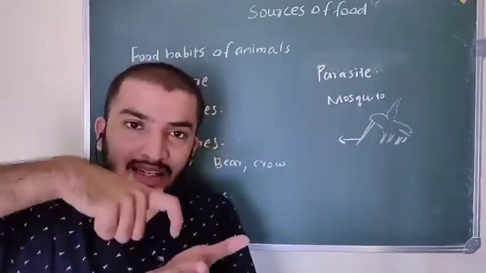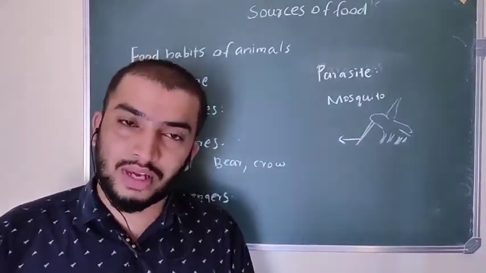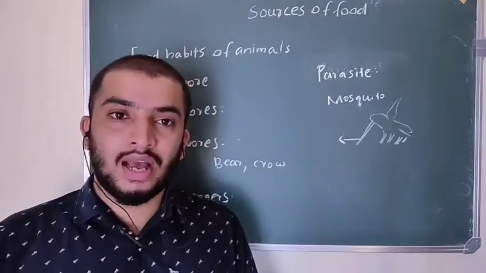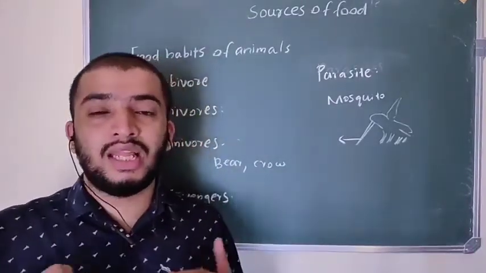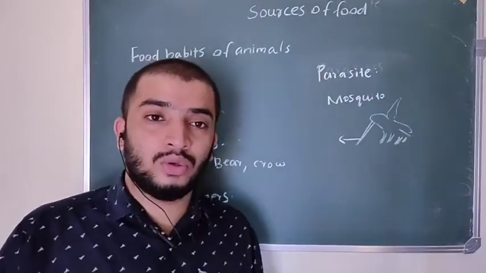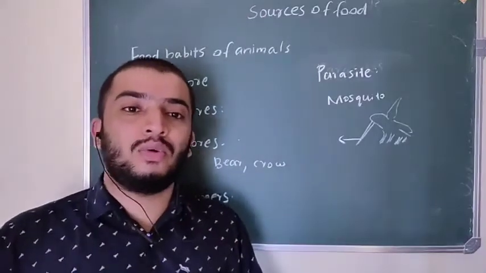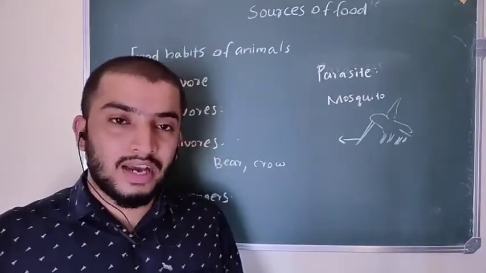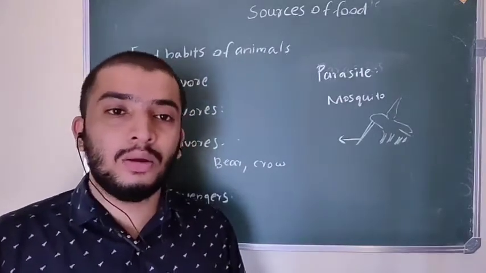Using this they take blood from our body. So mosquito is a parasite. Leech and fleas also take blood from our body. They are parasites. And also hookworm and roundworm are found inside our body and take digested food materials from our body. They are also called parasites.